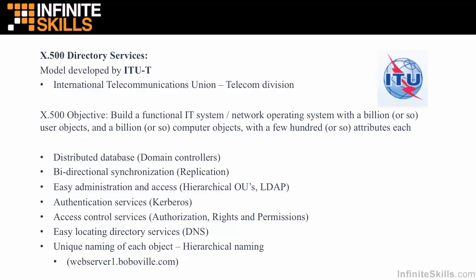We also have to be able to easily administer this environment. So we need administration access. We need to be able to group these objects logically and geographically. And this is typically done with something called organizational units. That's a logical grouping. And we also have a site, which is a physical grouping.